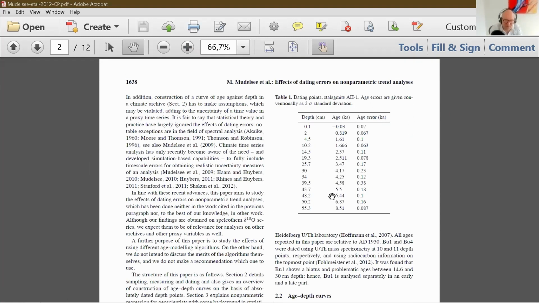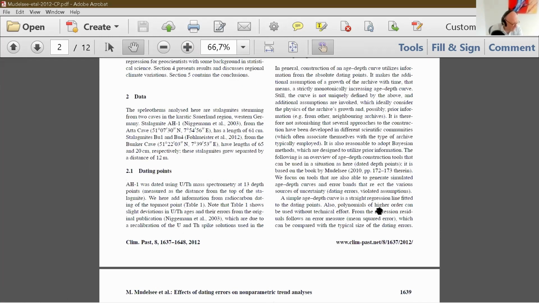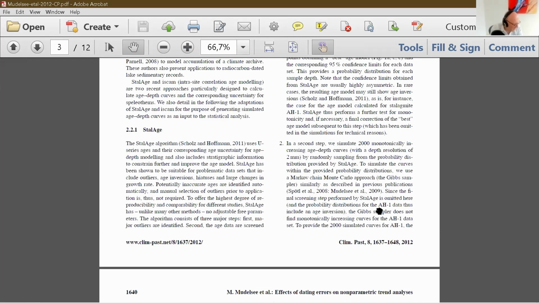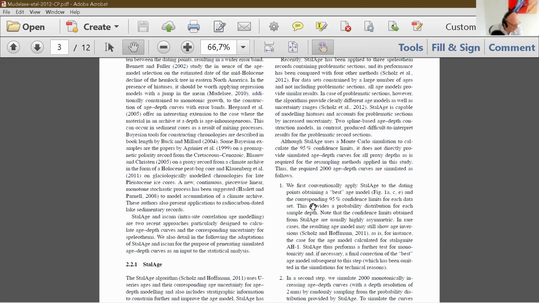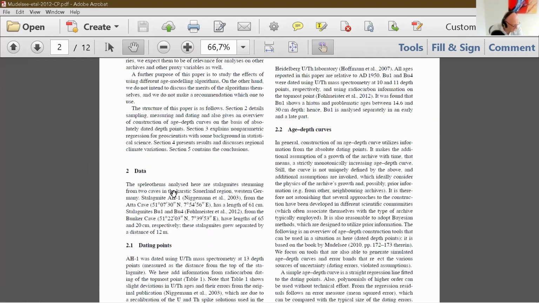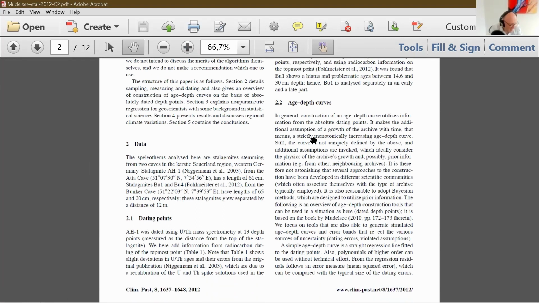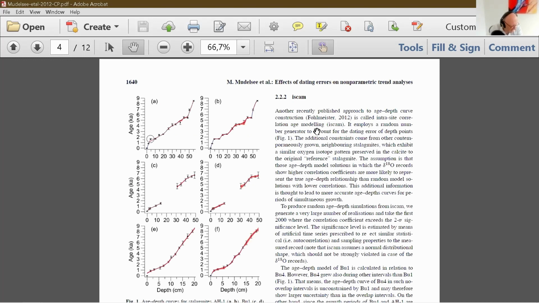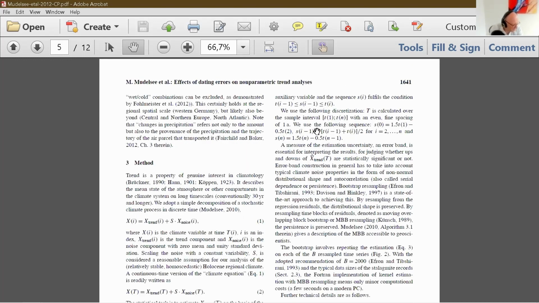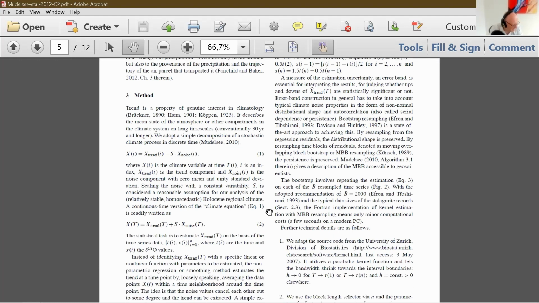Here you have an explanation of the dating errors. Then chapter 2 describes the dating points. And then, this is again more of relevance for paleo people, age-depth curves: how to fit a model for the archive depth and archive age. And these are the models. And then the method is described as well.